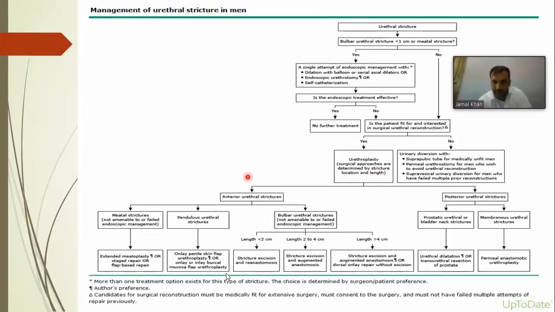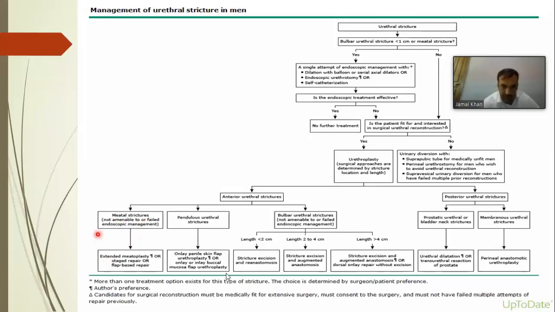Anterior urethral stricture and posterior urethral stricture. Anterior urethral stricture: the first is meatal stricture not amenable to or failed endoscopic management. The second is pendulous urethral stricture, and the third one is bulbar urethral stricture. Bulbar urethral stricture not amenable to or failed endoscopic management.